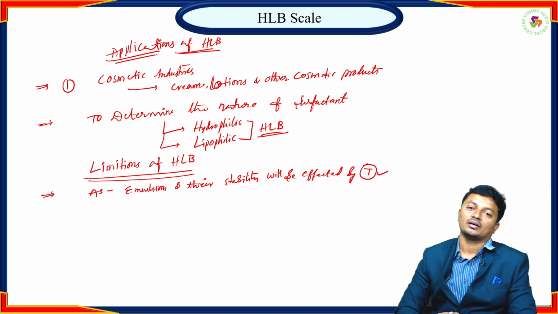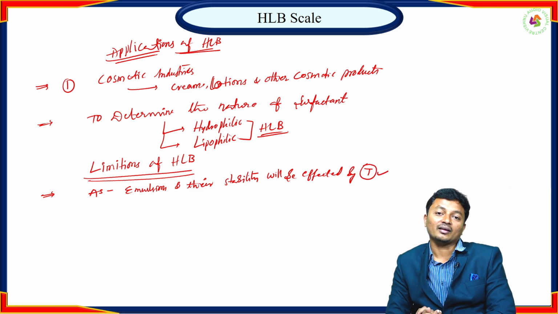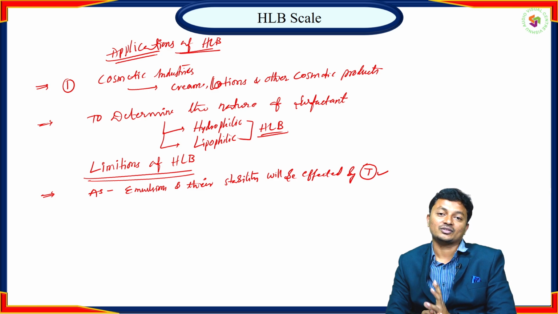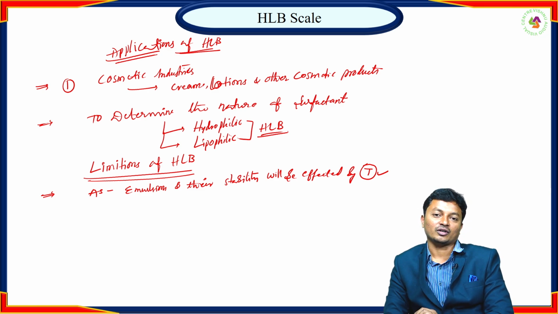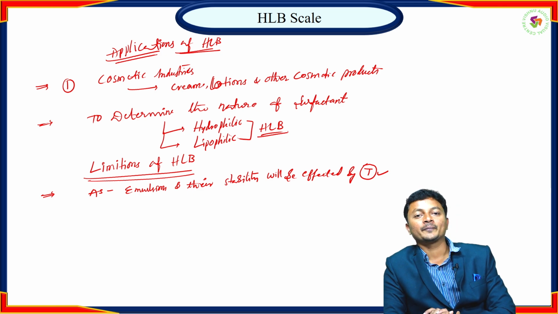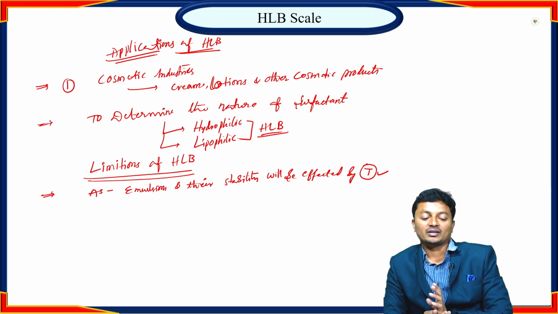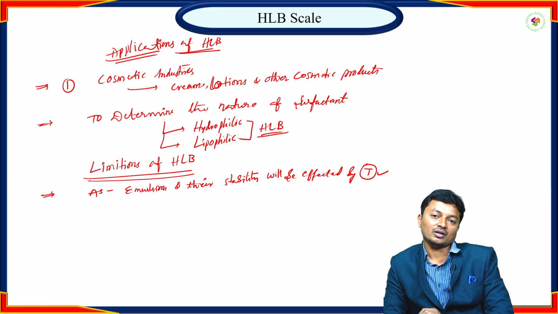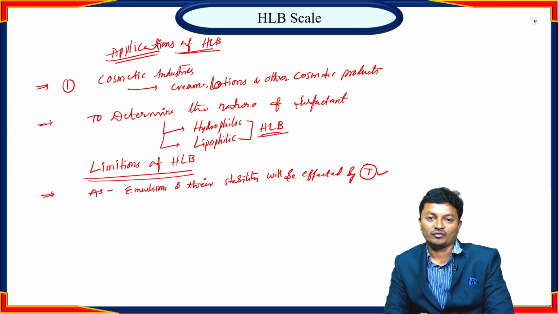But why is this temperature affecting the stability of the emulsion? Not only emulsions, but the majority of pharmaceutical products will be affected by the temperature, but this HLB concept is not able to find the proper reasons why the temperature is majorly affecting.